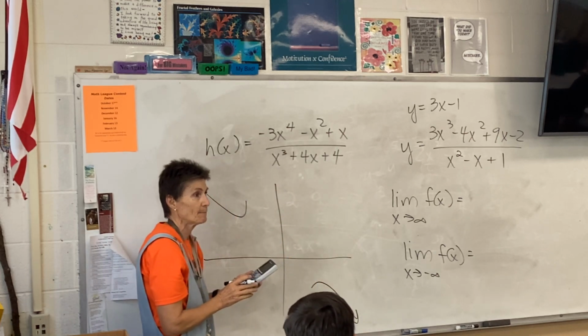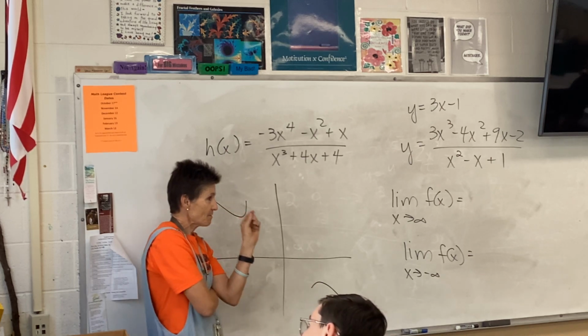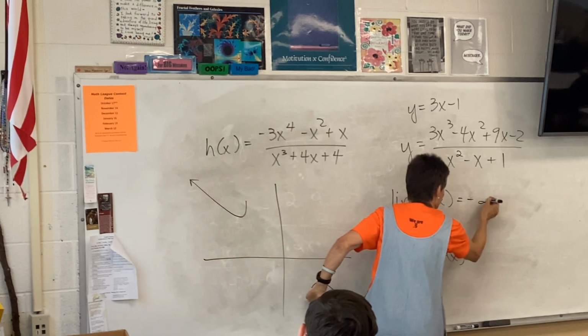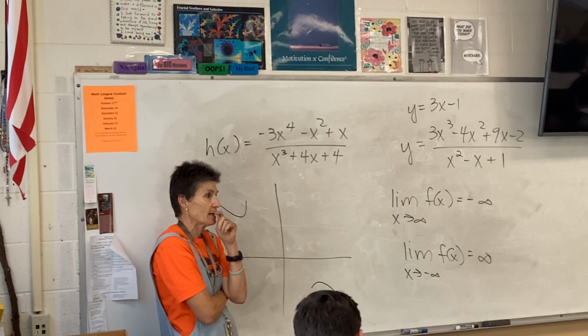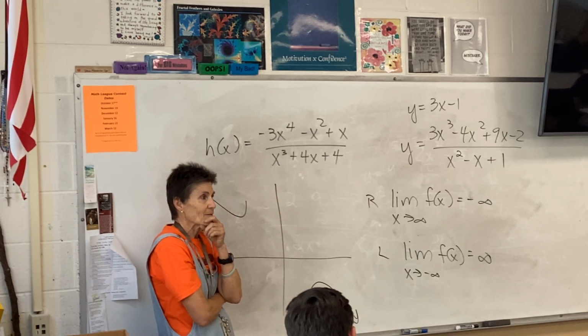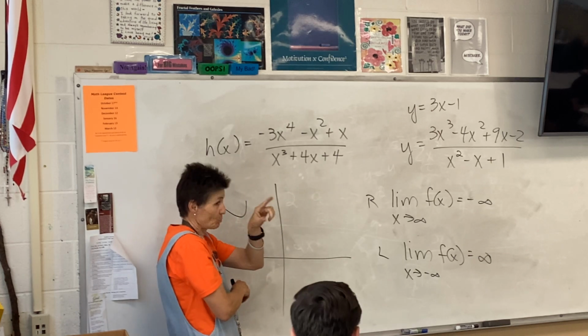Is that what yours looks like? Now, did anybody think that was exactly what was gonna happen? So let's see, this one's negative infinity and this one's positive infinity. This is the left and this is the right. Anybody think about that?